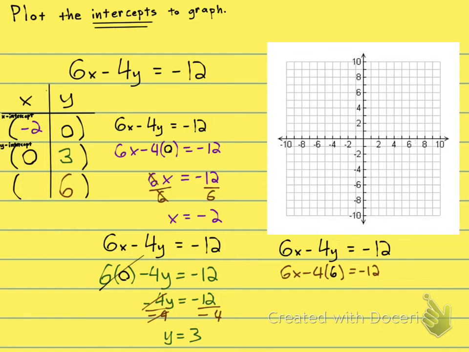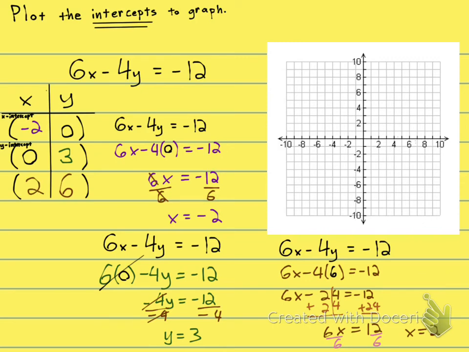Put in a 6 here: 6x minus 24 equals negative 12. Let's do a few steps to get that grumpy x by itself. Let's add 24 to both sides. So now I have 6x equals 12. Divide both sides by 6, and x will be 2. So that one actually worked out nicely.